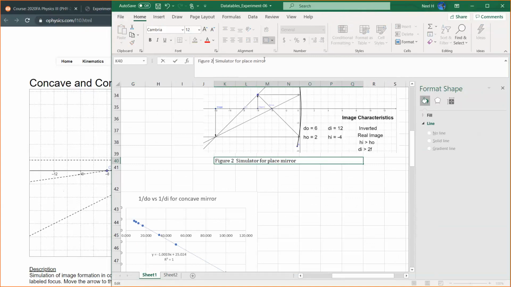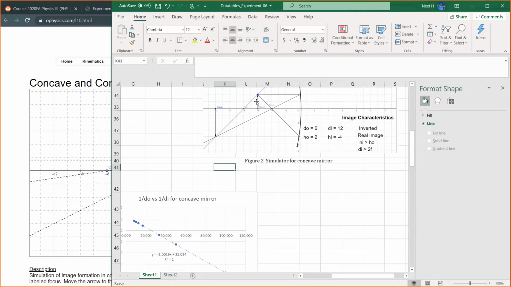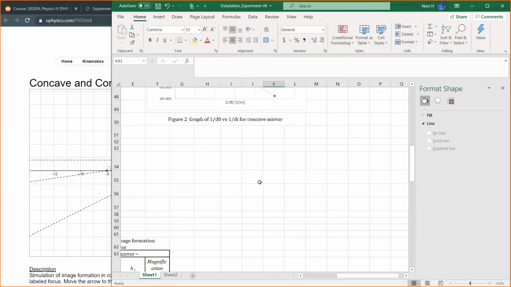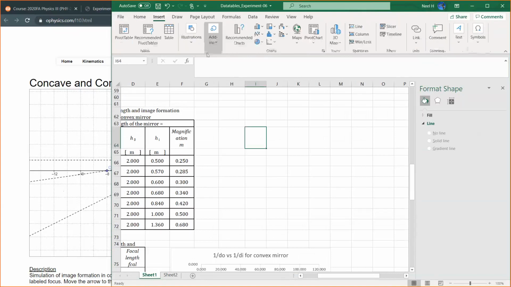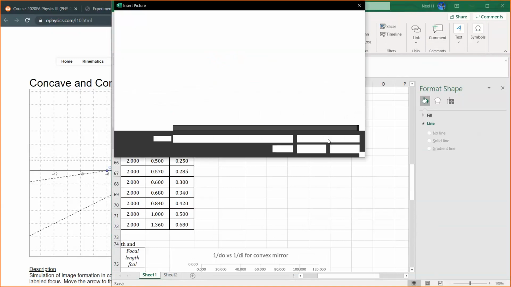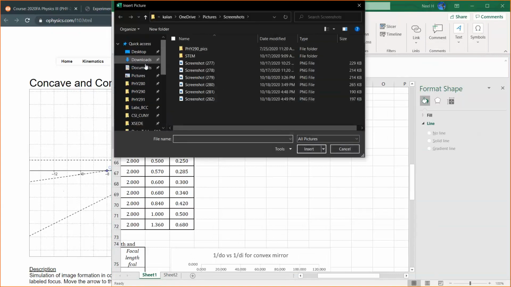This is for the concave mirror simulator. And I need one more picture here. Let's add that one also. Insert pictures and screenshot.